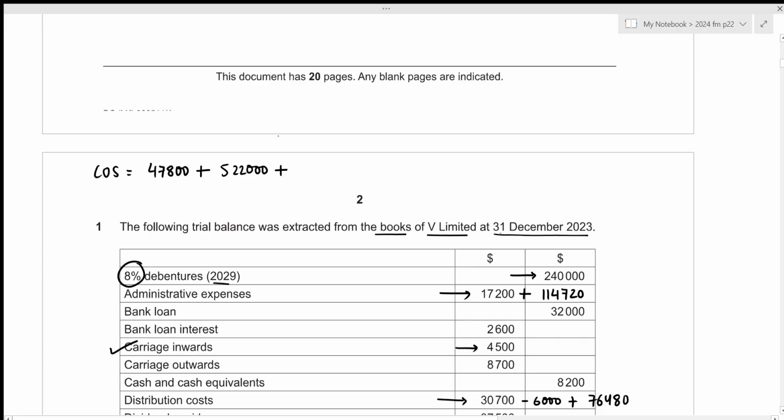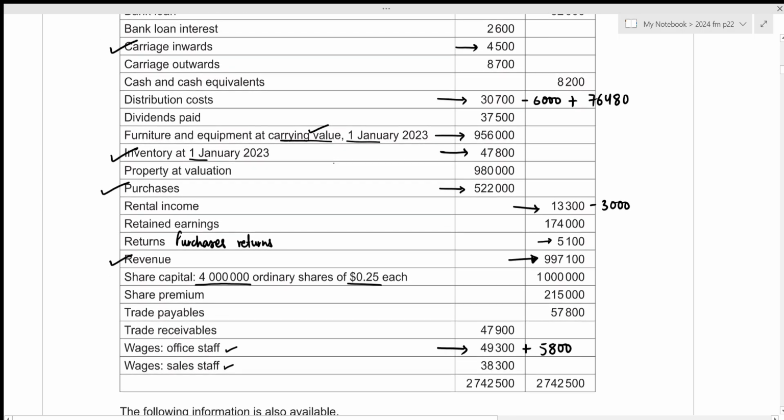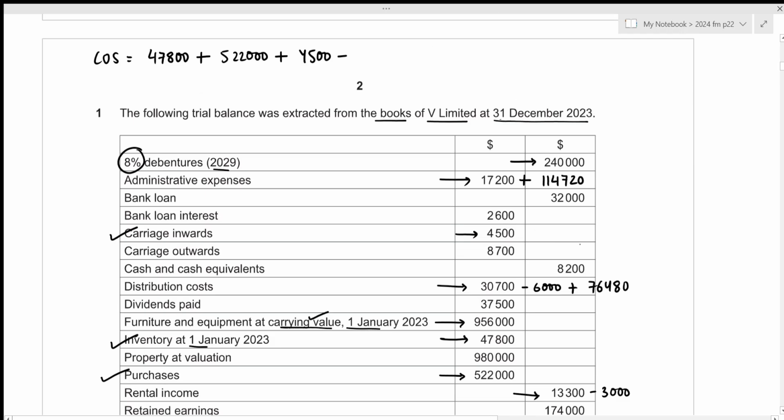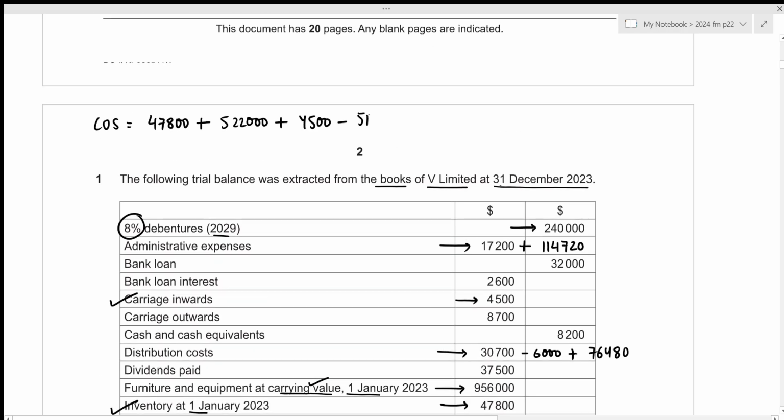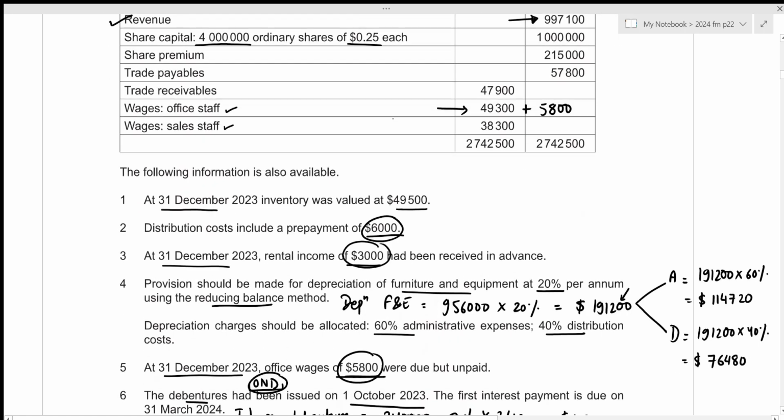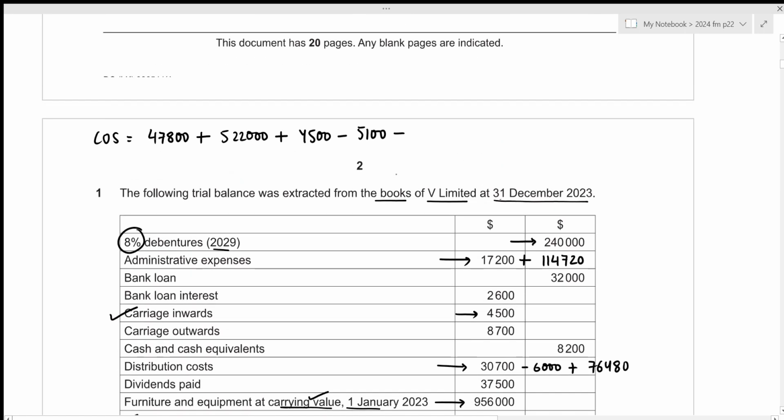We have the value of 4,500. And remember, we also have the purchases returns, so that should be subtracted, and the value for purchases returns is 5,100. And after this, we just have to subtract our closing inventory. The value for closing inventory is 49,500. This gives the value for our cost of sales to be 519,700. Let's write it down.